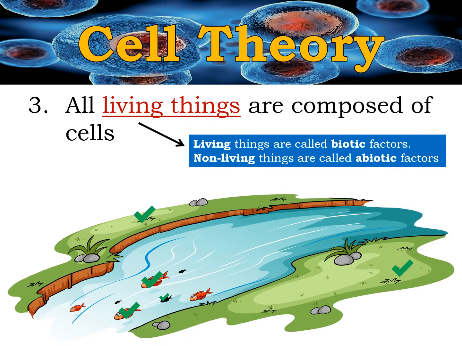They're made of cells because these are living things. However, the abiotic factors, the non-living things such as the water and rocks, are not made of cells. So once again, the third part of the cell theory and last part states that all living things are made of cells.